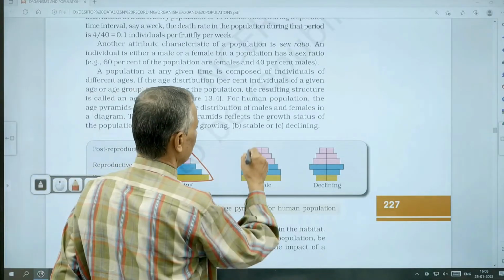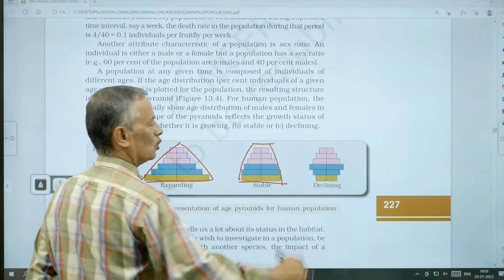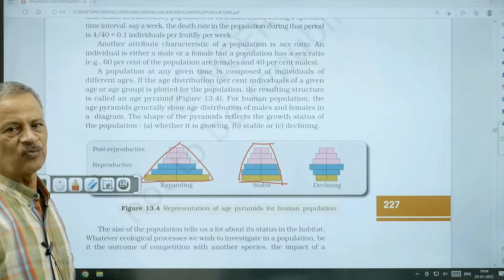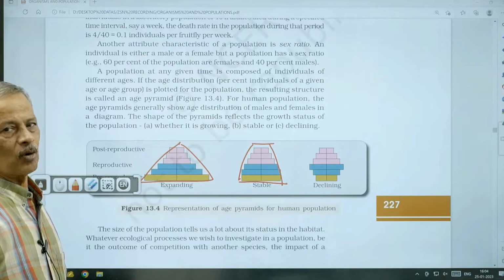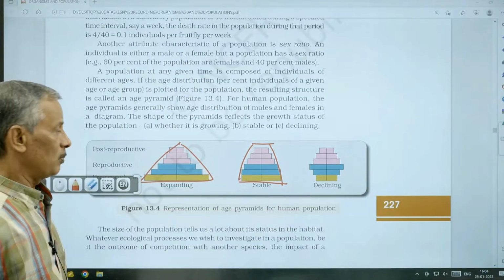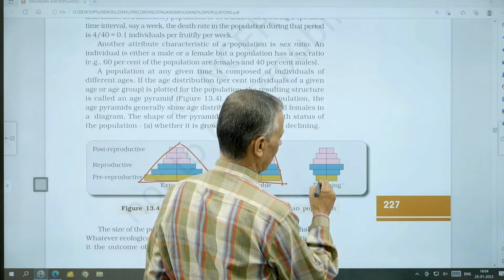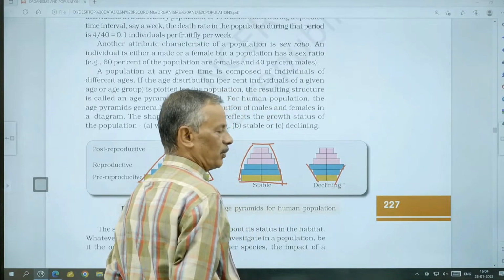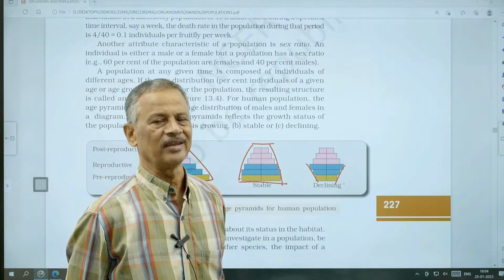And here, it is not so slopey. There is not much difference between pre-reproductive and reproductive. That means population has almost stabilized. And if the pre-reproductive is smaller than the reproductive, we get an inverted pyramid, which indicates that population is declining. Okay.